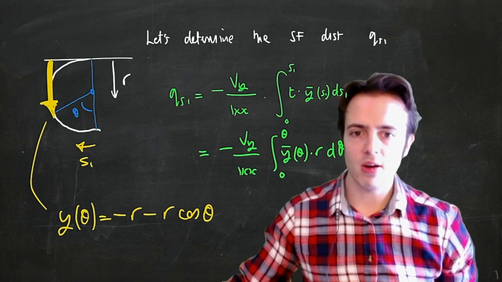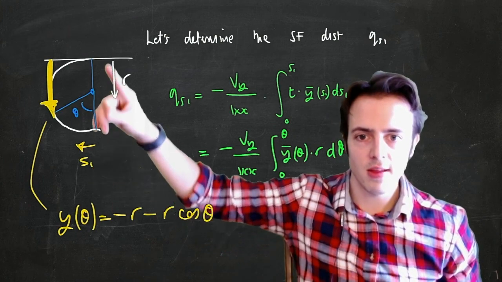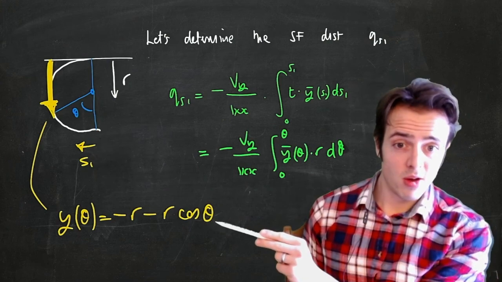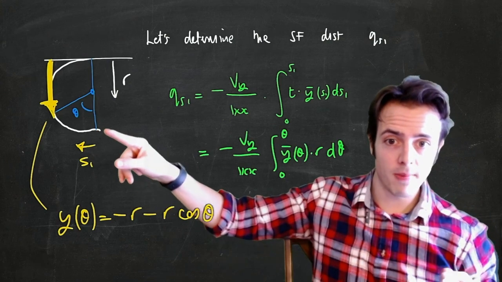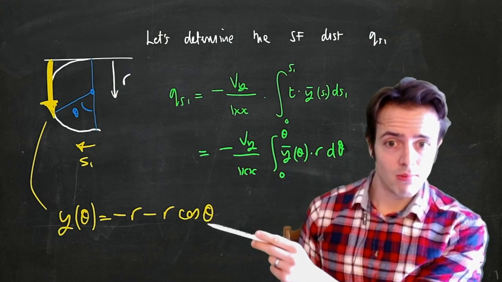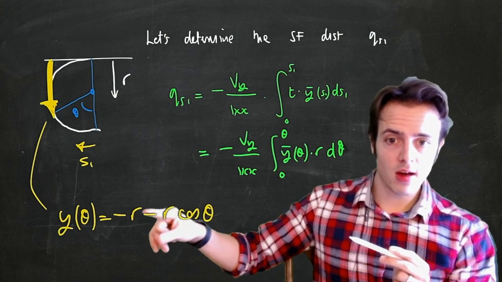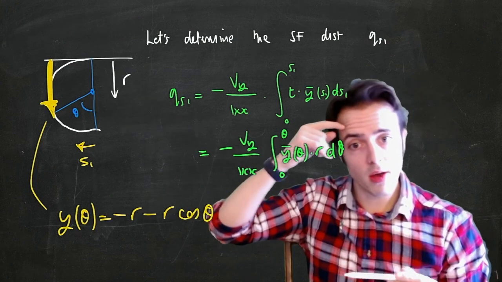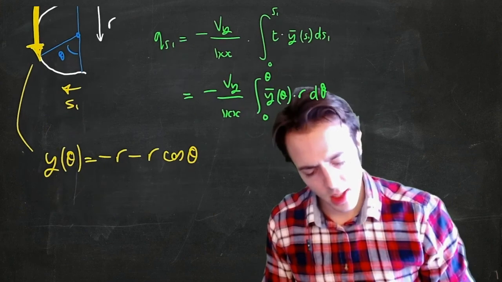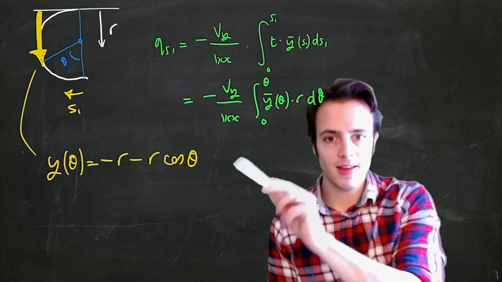Think about if I'm down here, then the distance I'm at is at minus 2r. When theta is equal to 0, cosine theta is equal to 1, that gives me minus 2r. Okay, when theta is equal to pi, cosine theta is equal to minus 1, that gives me minus r plus r equals 0. Okay, so we just always sense check those distributions we produce. So we can now substitute this into here.